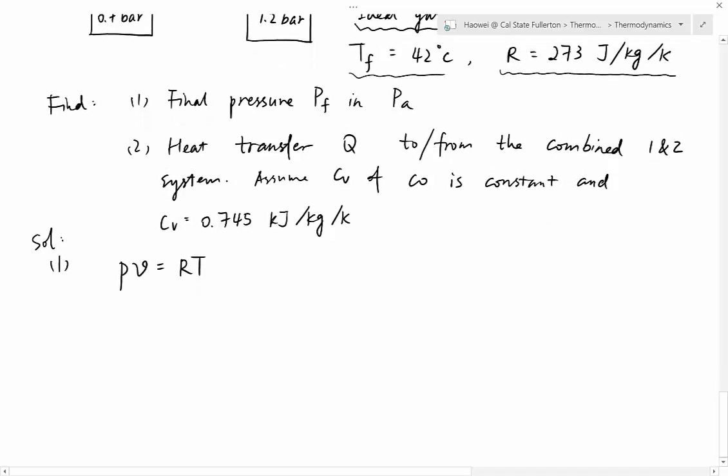Okay, so since we're looking for a final pressure, we will apply this ideal gas equation to the final state, meaning we're going to add the subscript F, final, to every parameter in this equation except R. Why? Because R is gas constant. It doesn't change, so it doesn't need a subscript.